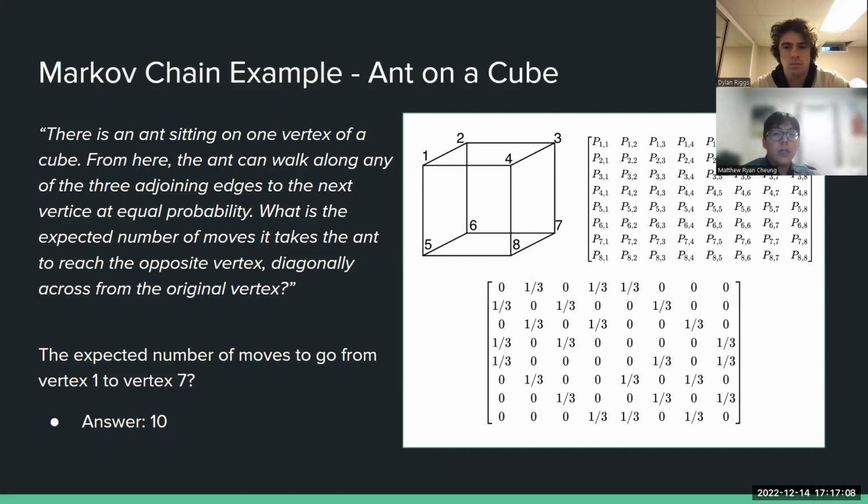We go along and fill out our transition matrix, and we get the following matrix with the listed probabilities. We have to note that each row sums to a probability of 1. This can be represented as a recursive formula, and doing some algebra will allow us to see that the expected number of moves to go from vertex 1 to vertex 7 is 10 moves.